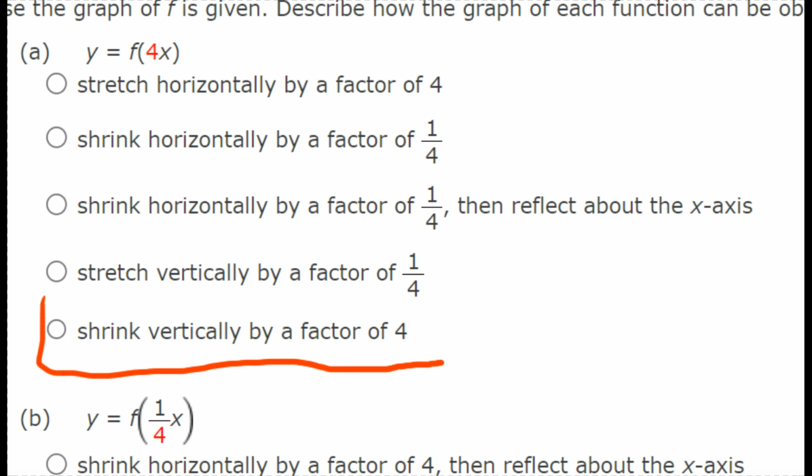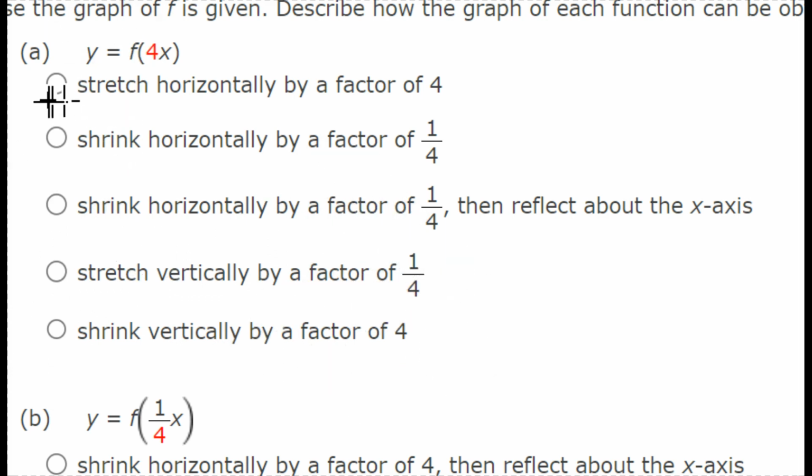In my mind, this is exactly what it should say. Oh, no, not vertically. It would shrink horizontally by a factor of 4, but they don't have that option here.